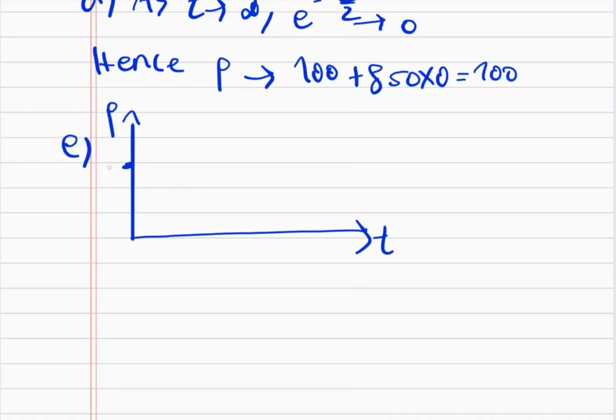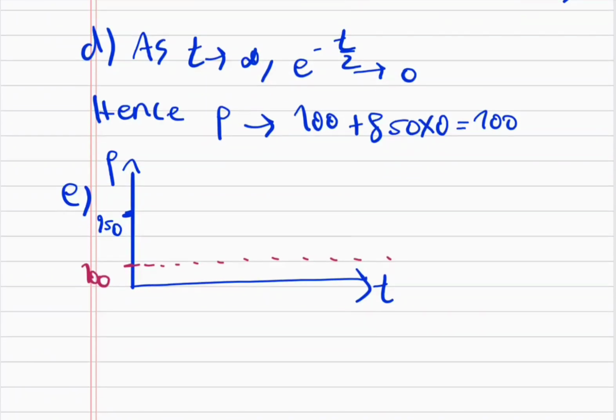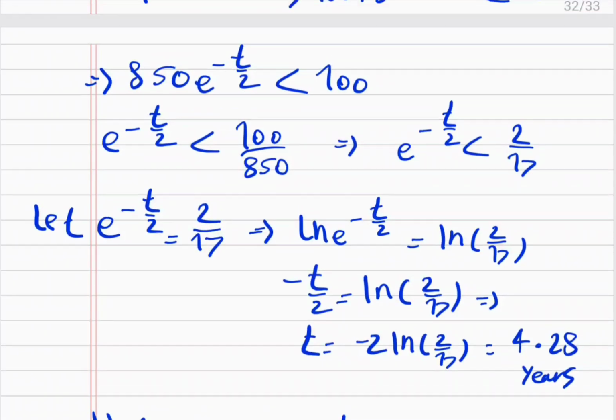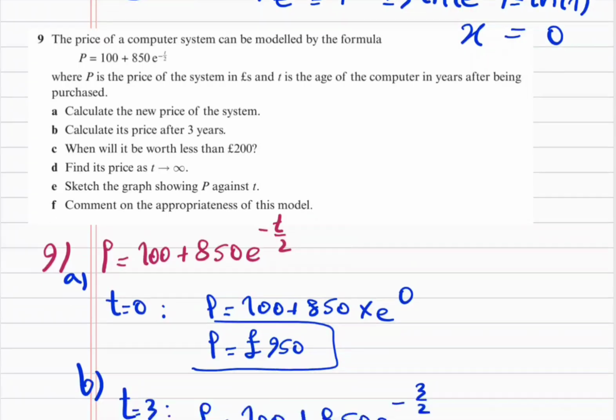So that's here. And then remember that the asymptote is 100. So we found that in the previous part, because again, the value of the computer is not going to be less than 100 pounds. And then this is decreasing, so we'll have this graph.